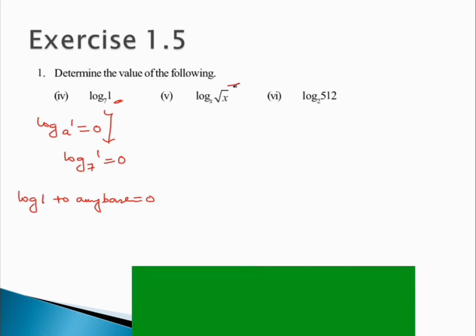See, how can I write this root value? Log x of x to the power of 1 by 2. Root can be written as 1 by 2 directly. I can shift this here using the formula, 1 by 2 of log of x of x. This can be written as 1.